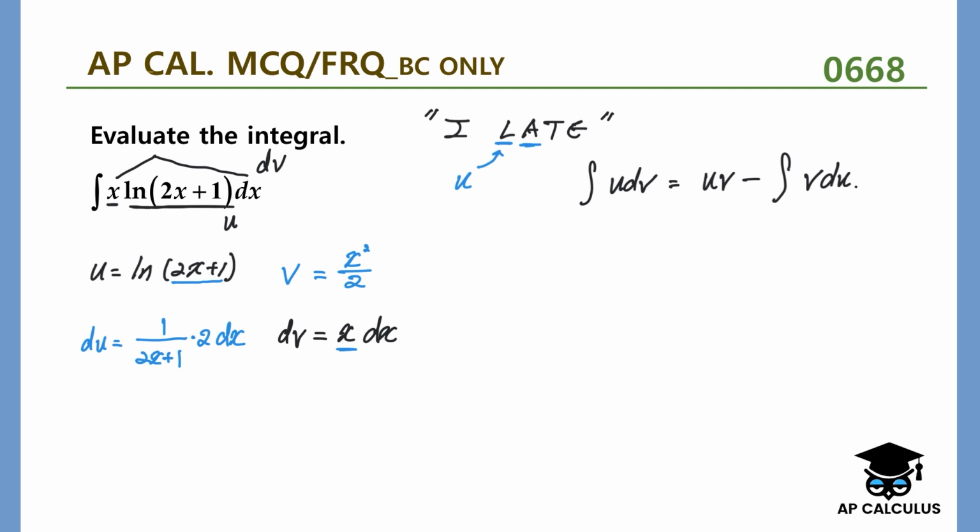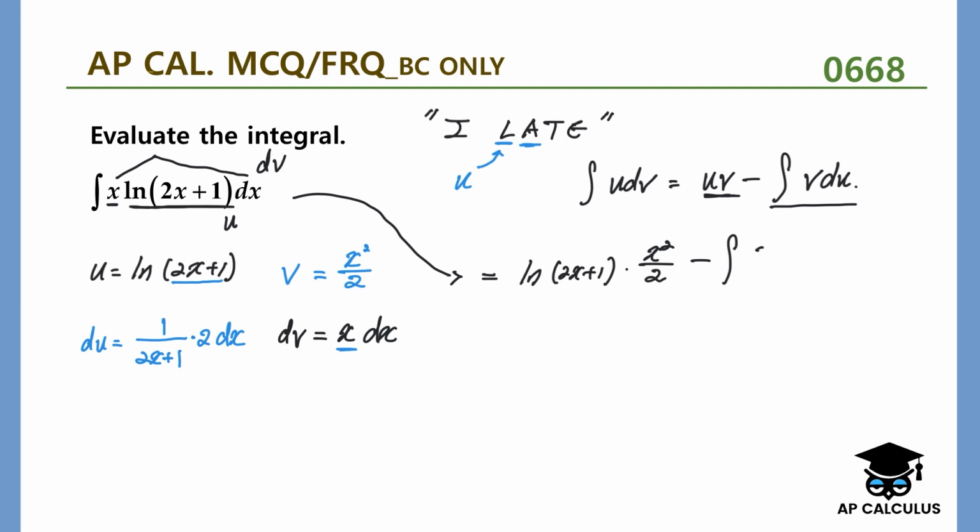So using the formula, this indefinite integral is equal to uv, right? uv. That's going to be natural log 2x plus 1 times x squared over 2 minus integral v du.